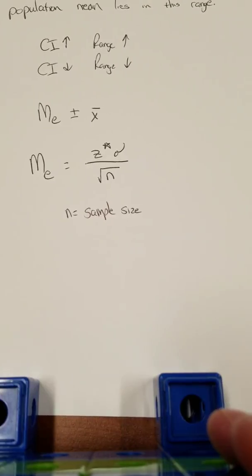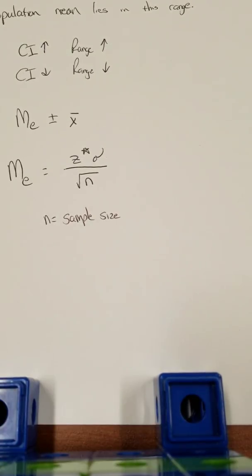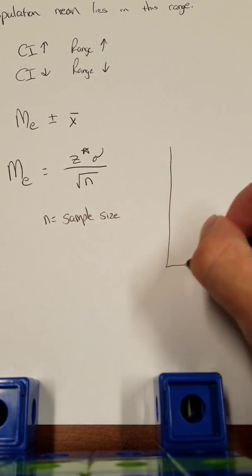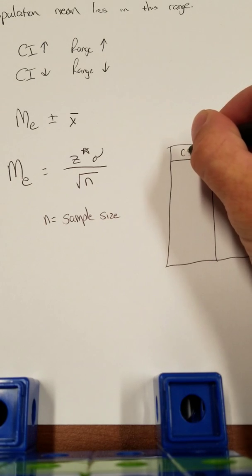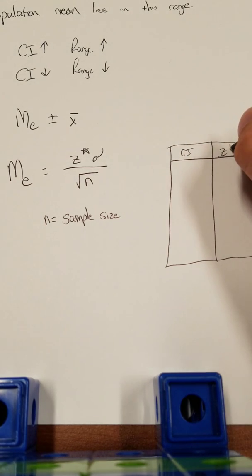So here's a table that you need to know. I know I'm giving you a lot of things up front. However, once you have all these things, you should be able to rock and roll. So we're going to do our confidence interval here and our Z star values here.